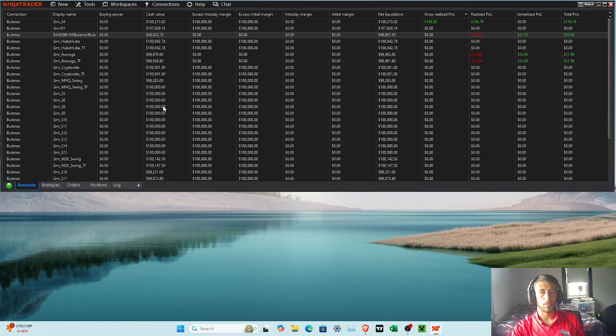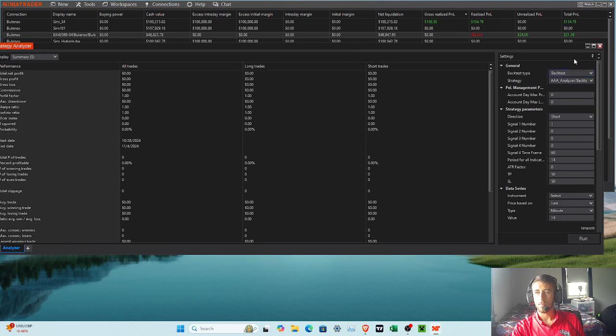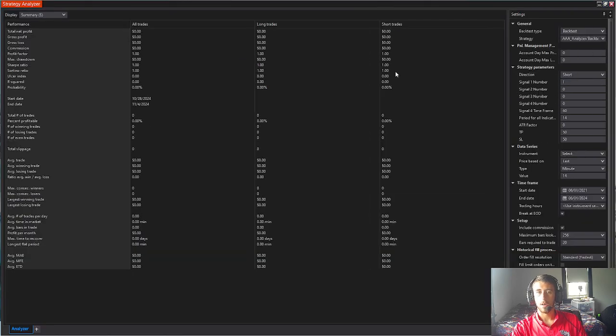So first thing we're going to do, I'm going to open up the auto algo assembler just to find some entry signals, because it'll work better if we want a 1-to-1. That'll be the simplest.